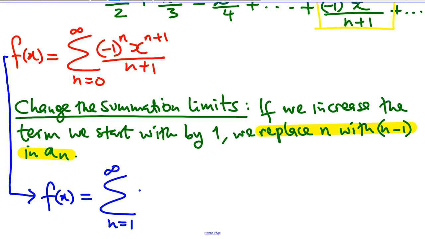All right, so that will be negative 1 to power n minus 1, x to power n minus 1 plus 1 over n minus 1 plus 1.